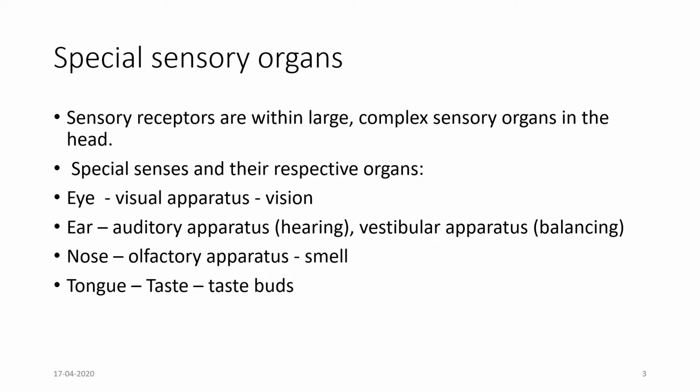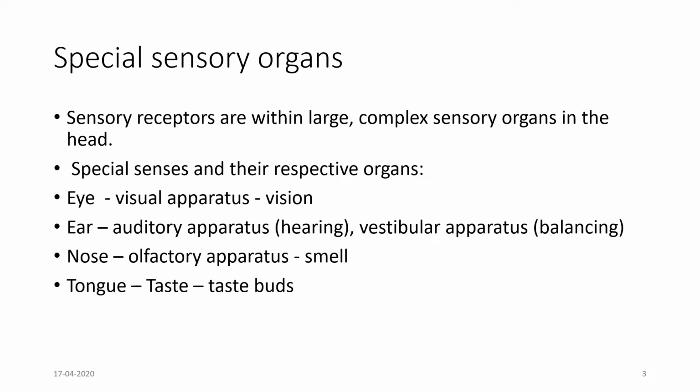One is the eye, where the visual apparatus is located and it is concerned with vision. The other one is the ear, where the auditory apparatus concerned with hearing and the vestibular apparatus concerned with balance are located.